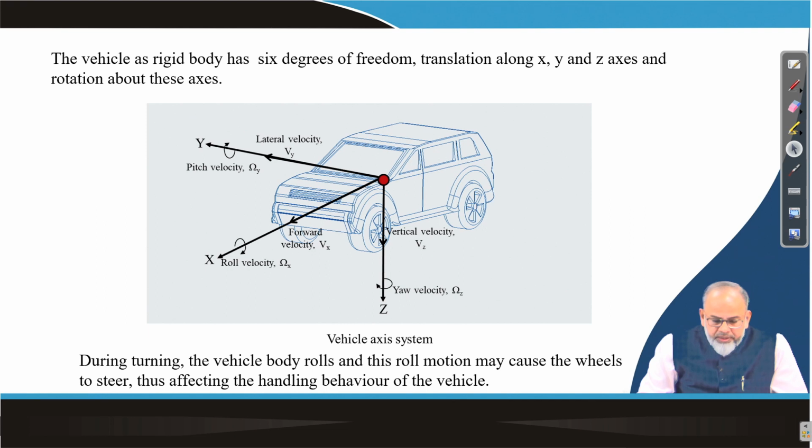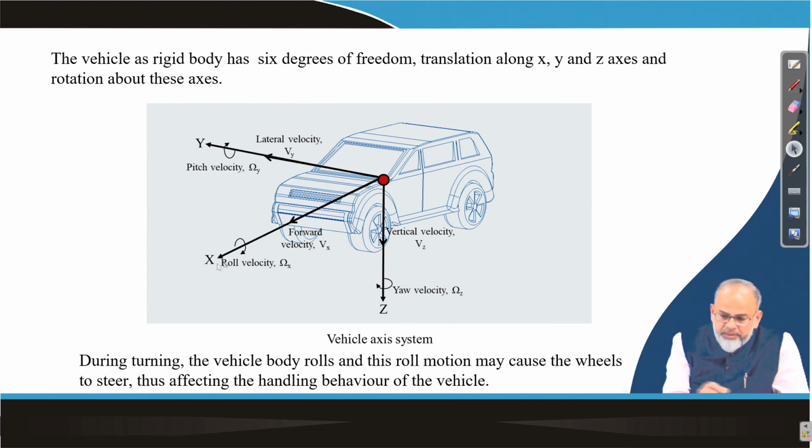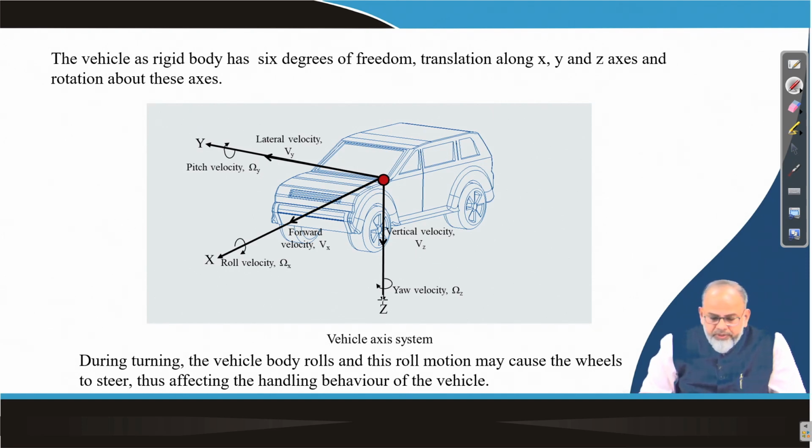There will be a translation along the x axis, the y axis is lateral velocity, and the z axis is vertical velocity. The rotations are called roll velocity, pitch velocity and yaw velocity. With respect to the x axis it is roll velocity, with respect to the y axis it is pitch velocity, and with respect to the z axis it is yaw velocity.